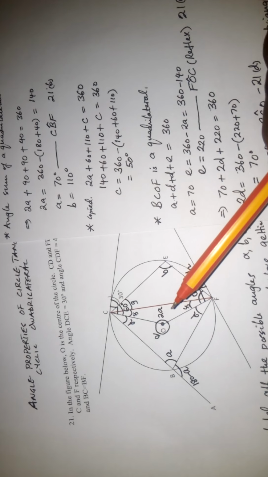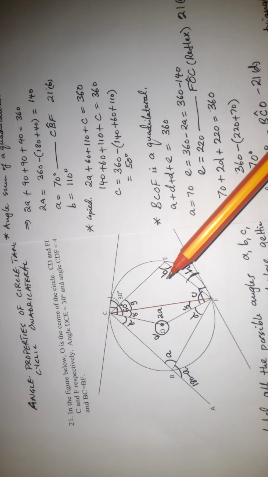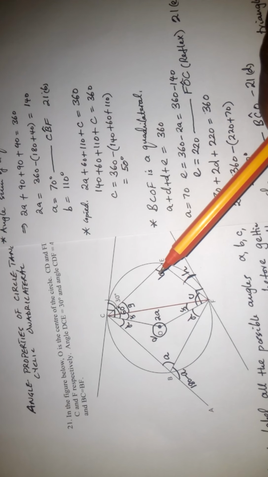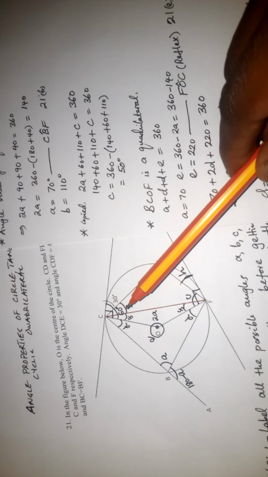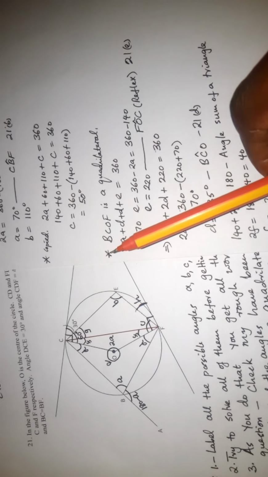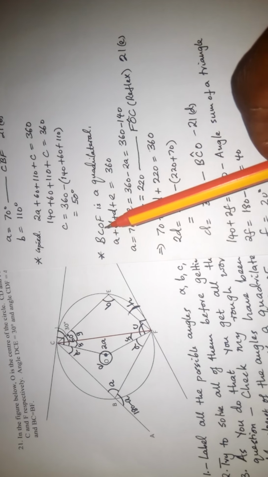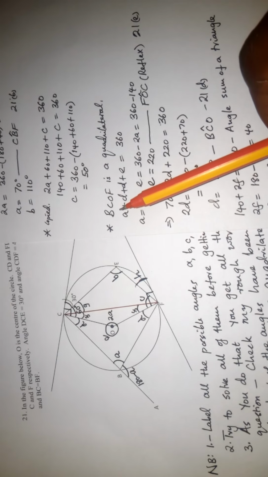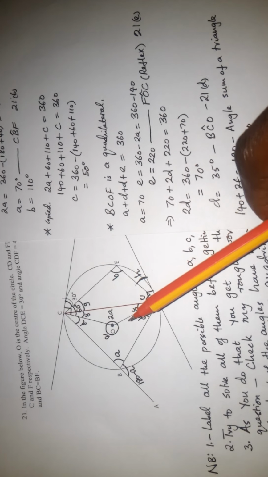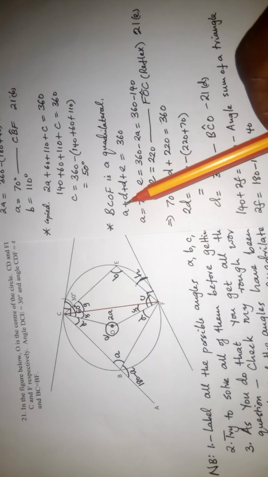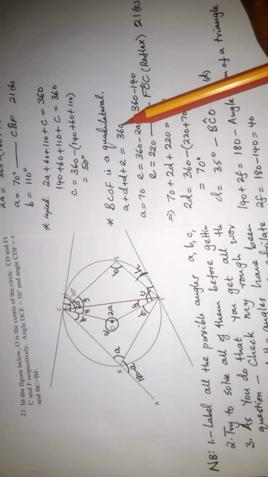So we are saying 2A plus C plus 110 plus 60 is equal to 360, giving us the value of C as 50. The next one we are considering is quadrilateral BCOF. BCOF is an interesting quadrilateral, and that one is A plus D plus D plus E gives us 360.